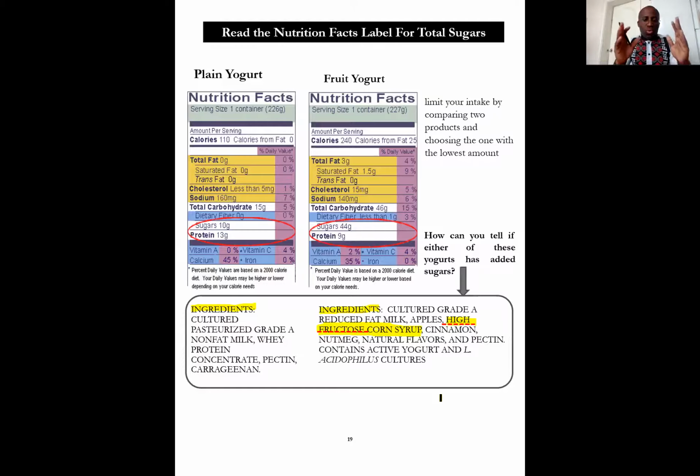So in food label, when you do shopping for sugar, for example your yogurt, you will say, okay, this one is going to be better because it is all natural sugar, and here we have high fructose corn syrup.